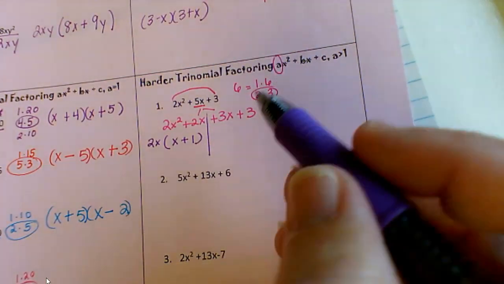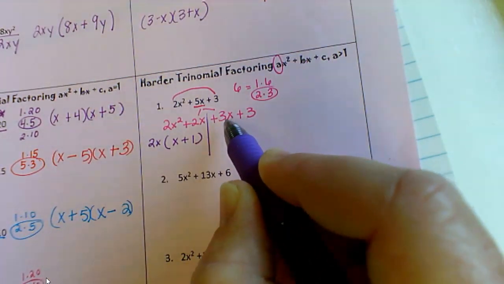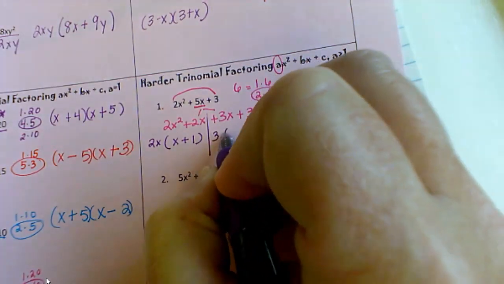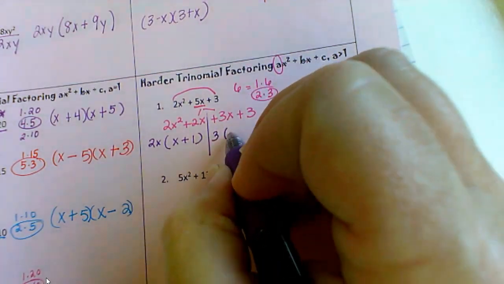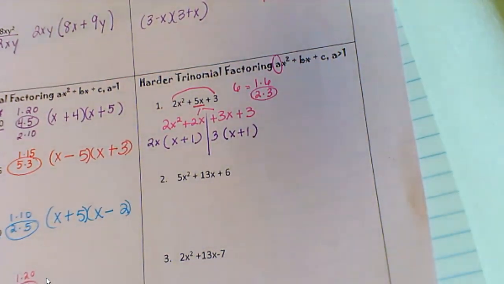Then you find the greatest common factor between the second two things. The greatest common factor between 3x and 3 is 3. Divide out the 3, so I get x plus 1. Now, you know you're doing it correctly when the two things in parentheses are the same.